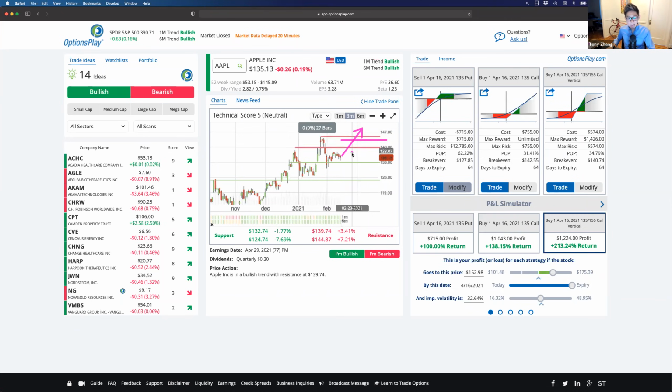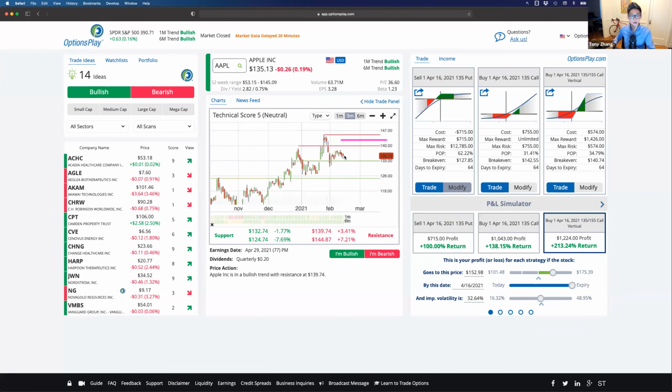So anything below that, below 142.55, anything here, here, here, I'm actually losing $755 on this particular trade. The stock really has to be above that level for me to make any profits.